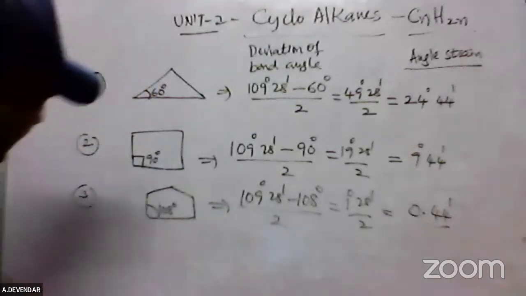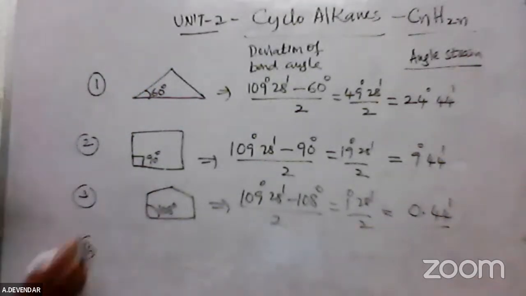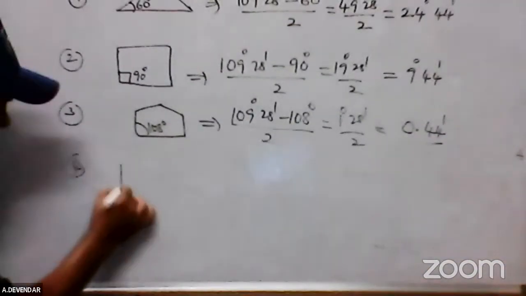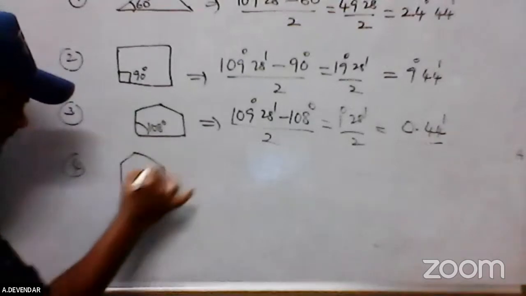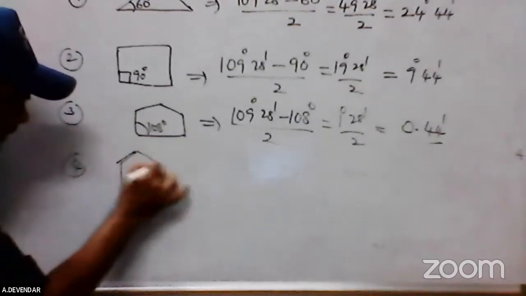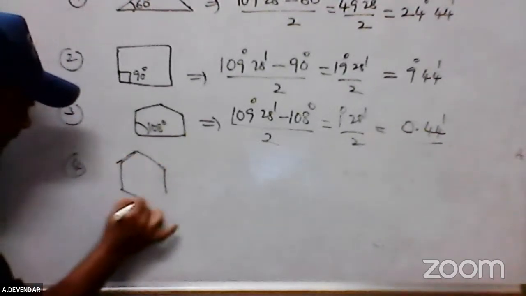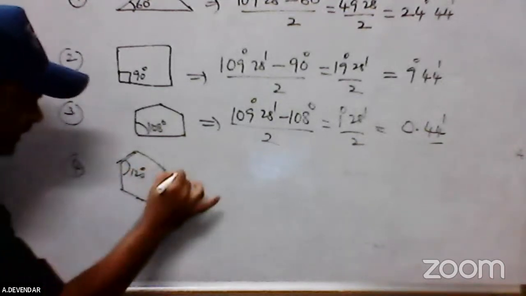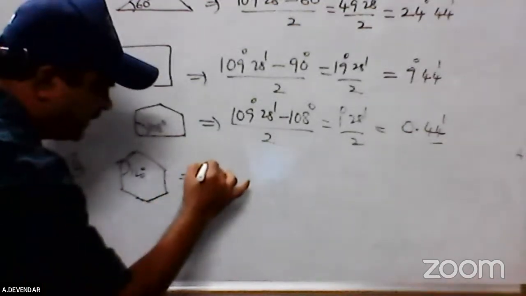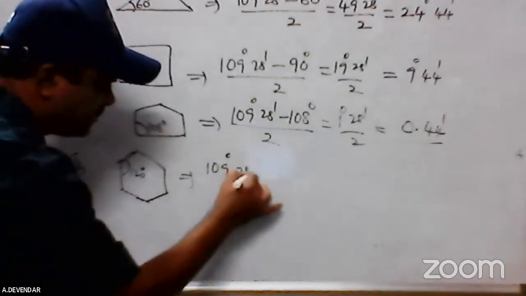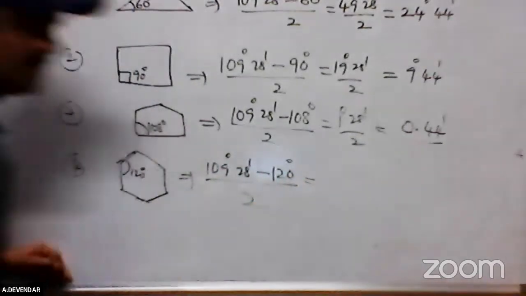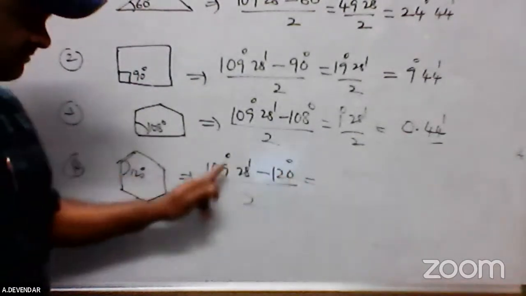Let us see the cyclohexane also. This is the cyclohexane, and the bond angle is taken as 120. So calculate the angle strain: 109 degrees 28 minutes minus 120 degrees, divided by 2, means 10 degrees.